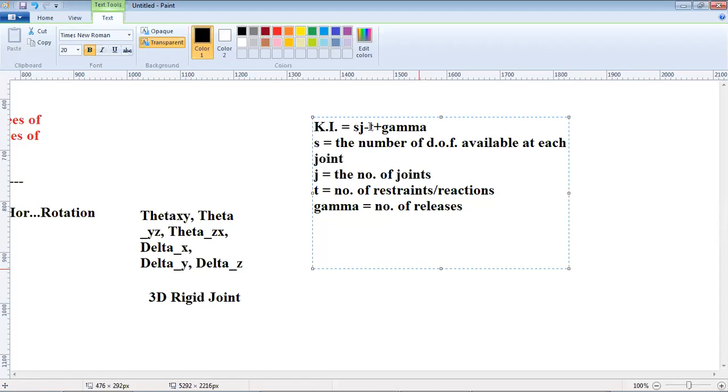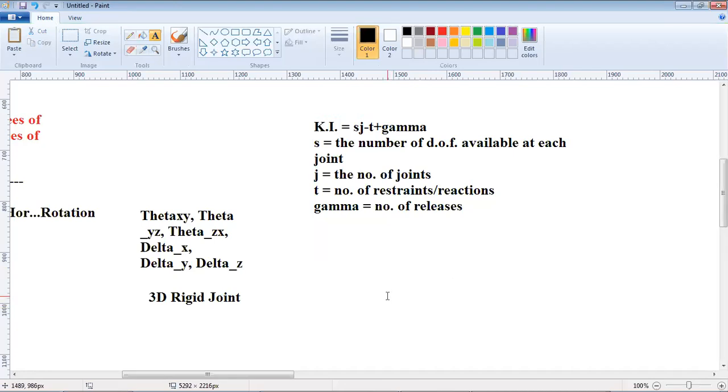So the overall degrees of freedom is the degrees of freedom available at all joints minus the restraints at the supports. The number of releases which occur at internal joints are also degrees of freedom. In static indeterminacy you subtract them, here you are actually adding that because you are determining the degrees of freedom.